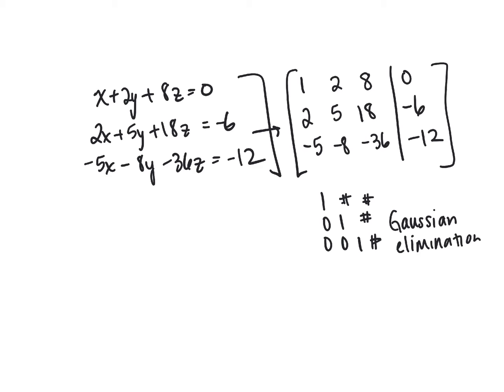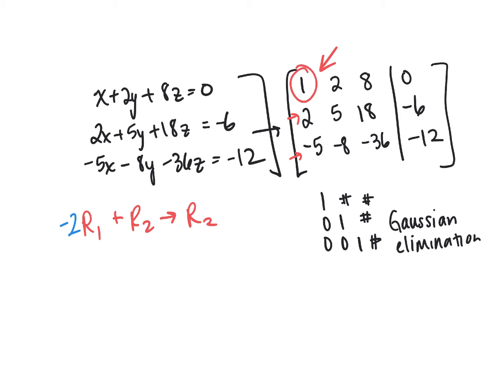So what's nice right here is I already have a 1, so I just need to make these turn into zeros. Starting with the number 2, if I want that 2 to turn into a 0, I'm going to use the 1. So it's really nice if you can make the 1 in the column first. If I take row 1 and multiply it by -2, since -2 would cancel out with +2, and then add that to row 2, that would make my new row 2.